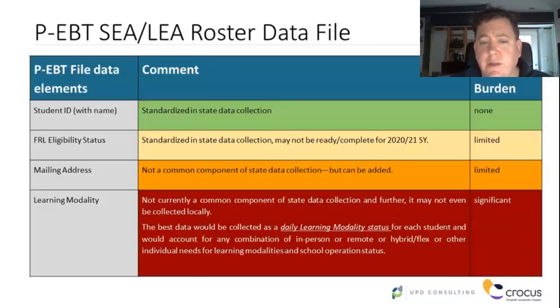We need to know who the kiddo is. We need to ensure that they have been marked as eligible. We need to know how to reach them, and we need to know the criteria of the eligibility. That's the learning modality. This is the most significant area, and again, the perfect is often the enemy of the good.